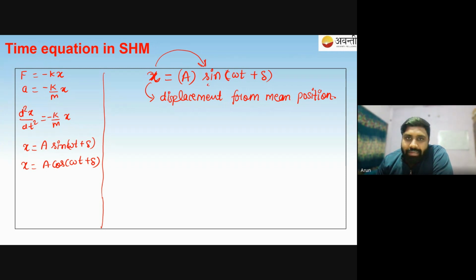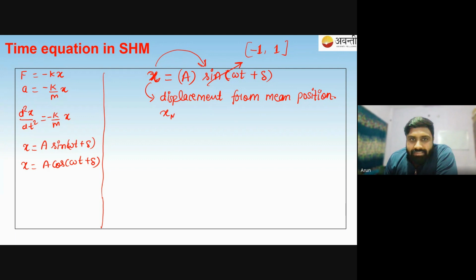And we know that the maximum value of sine theta is 1. Sine varies from -1 to 1, right? You remember this. Okay. So the maximum value this function can get is 1. So that will be the maximum value of x.